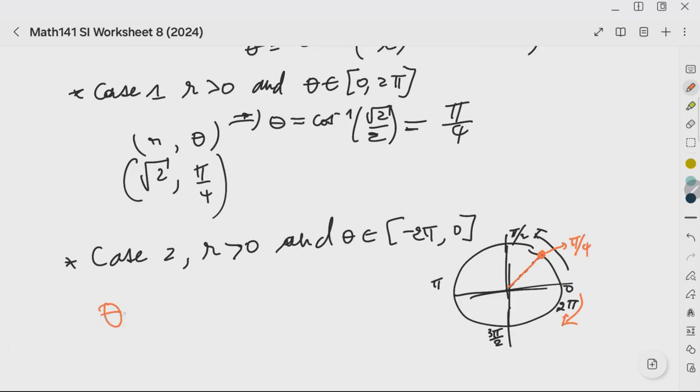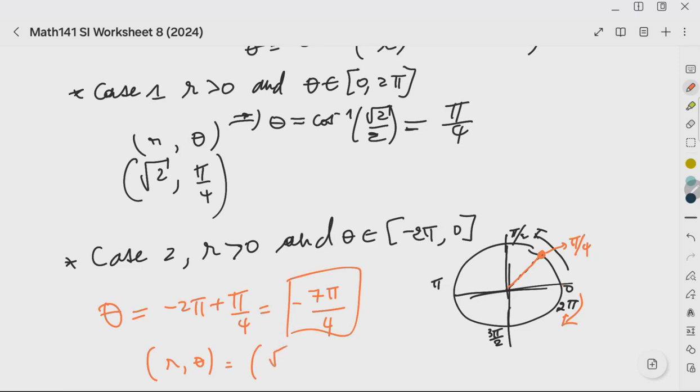So in other words, theta will be negative 2 pi plus pi over 4, which is minus 7 pi over 4. In other words, our notation, r, theta, now becomes root 2, negative 7 pi over 4.